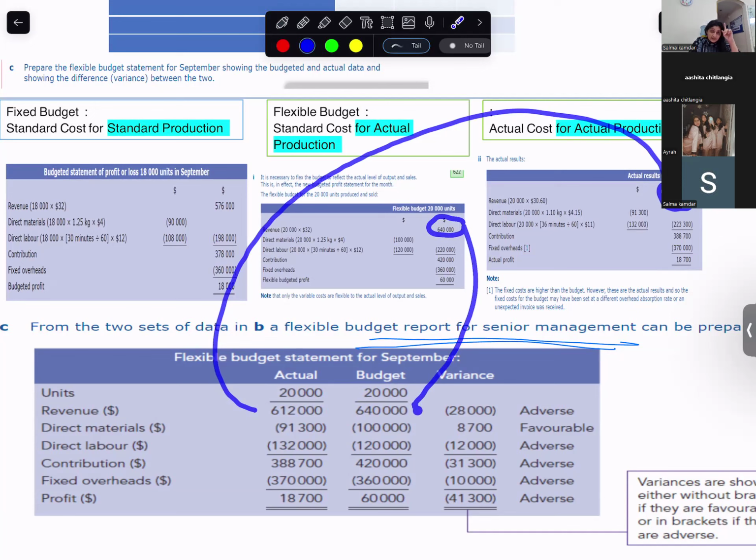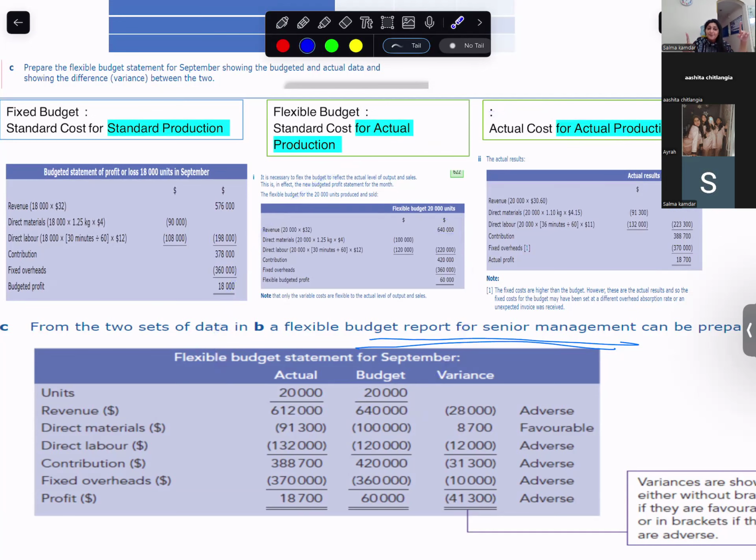This variance is because of the selling price, because of a difference between your standard rate and actual rate. You expected that your revenue should be 640, but your revenue is 612. There is a variance of 28,000, it is an adverse variance. Are you with me?